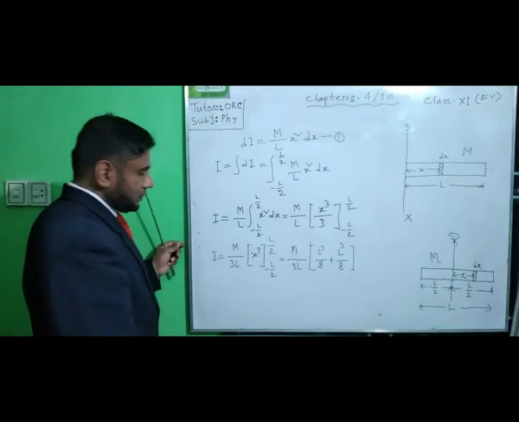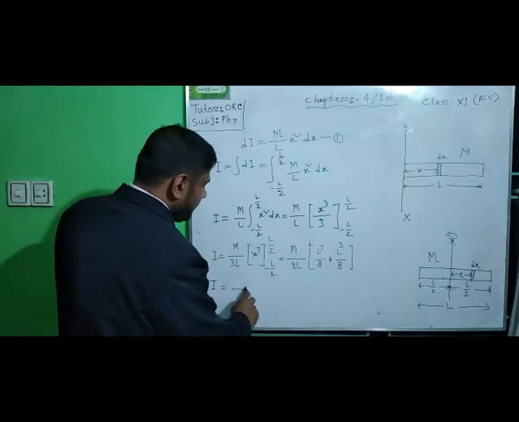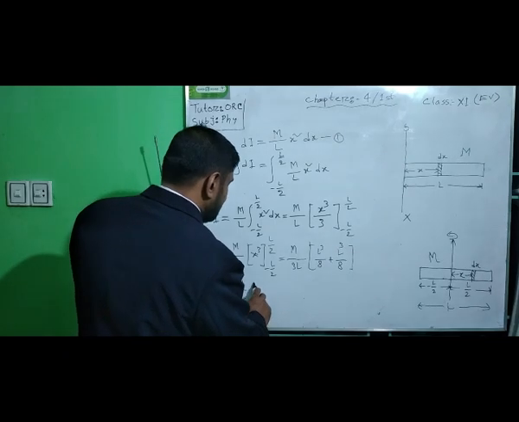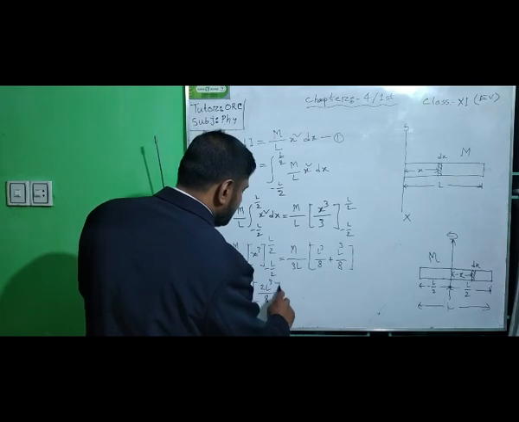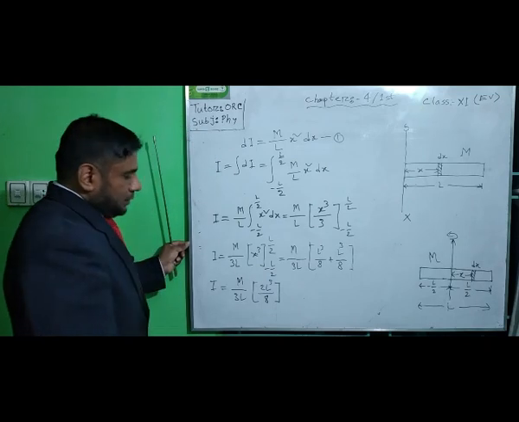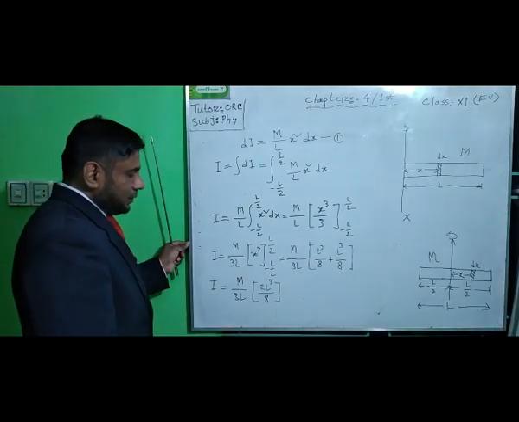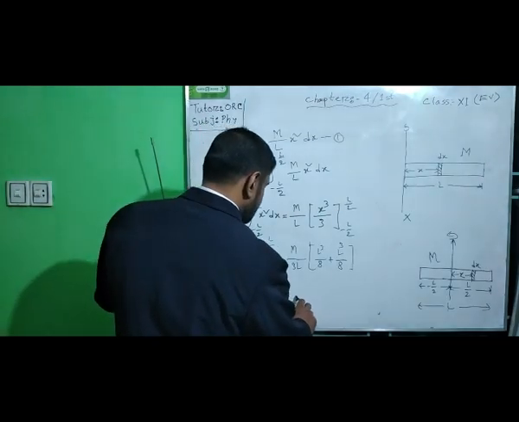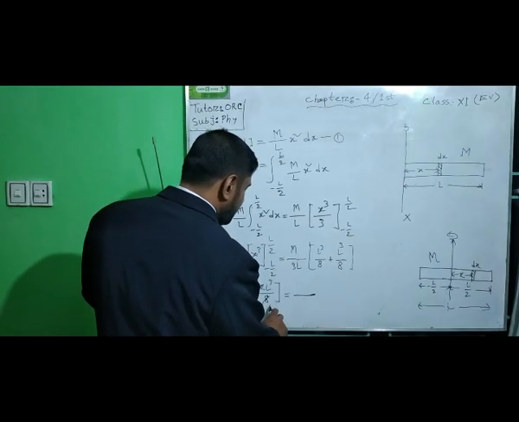Okay, now again m by 3L, here 2 L cube divided by 8. So again you can write, so we can cancel the 2 and 8, it is 4.